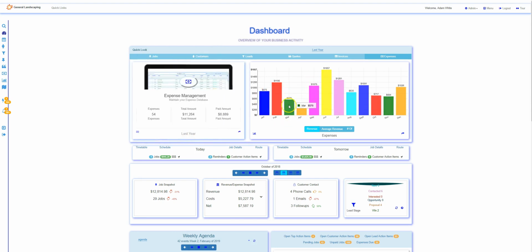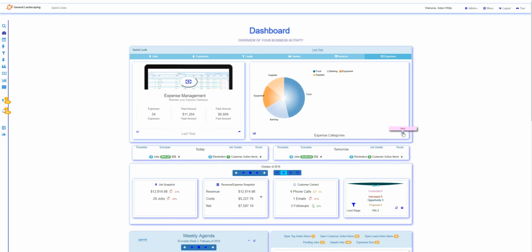And this is the revenue, this is the total amount of expenses, the amount of the average expense, and the total number of expenses, all on a month-by-month basis. And this shows the expense categories. We spend a lot on our truck, supplies, banking, and overall equipment. And the overall status is some are paid, some are late. Many have been paid, but they were paid late.